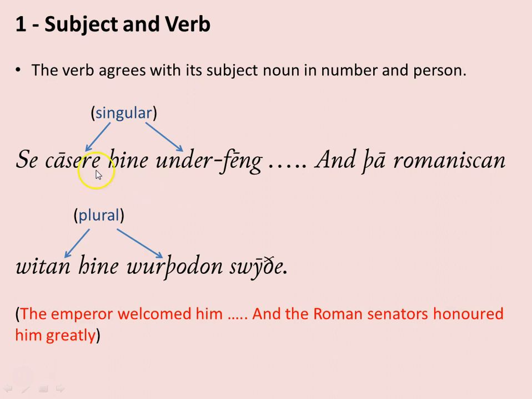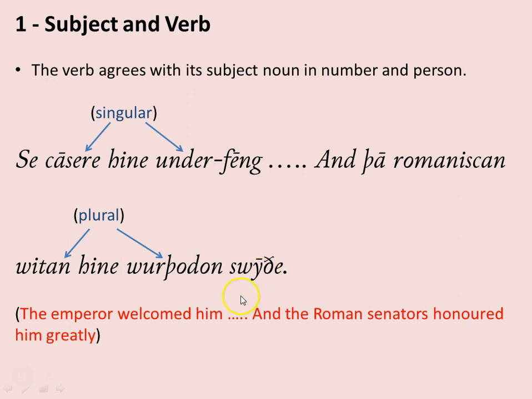So here we have the noun and the verb, which is welcomed, underfeng. The noun is casere, the emperor. So the emperor him welcomed, and the Roman senators him honoured greatly.